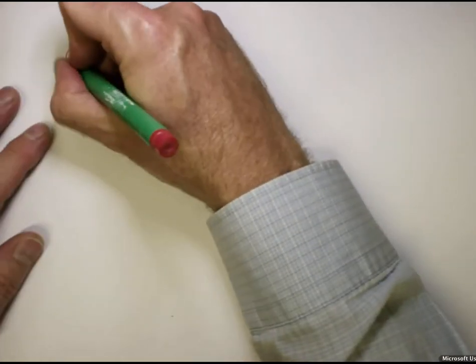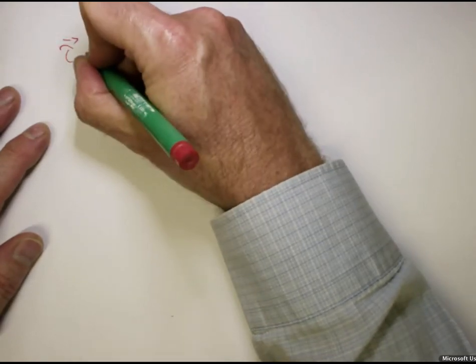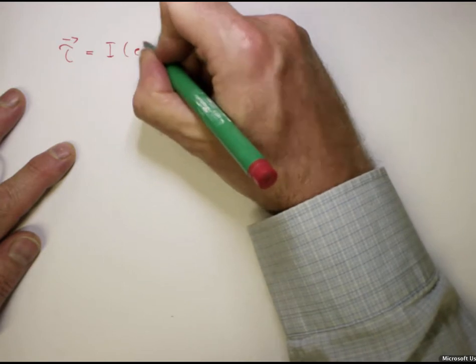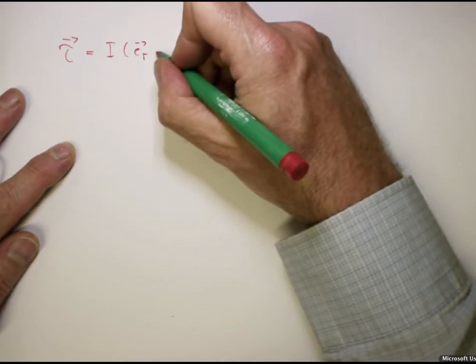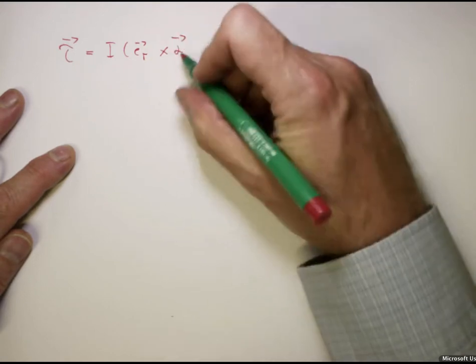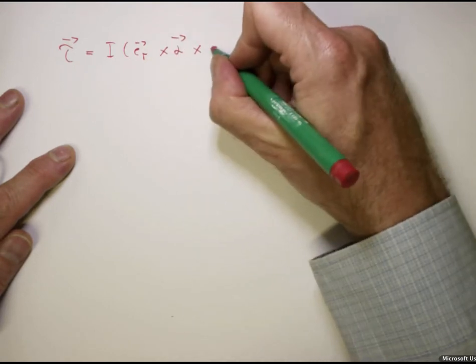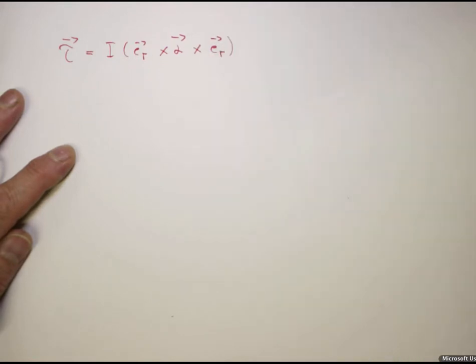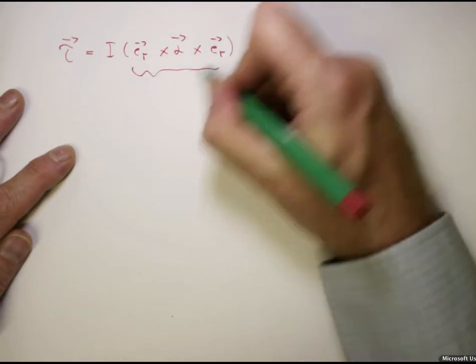So we obtain tau for torque is equal to the moment of inertia times the unit vector in the radial direction cross alpha, the rotational acceleration, cross again the unit vector in the radial direction.